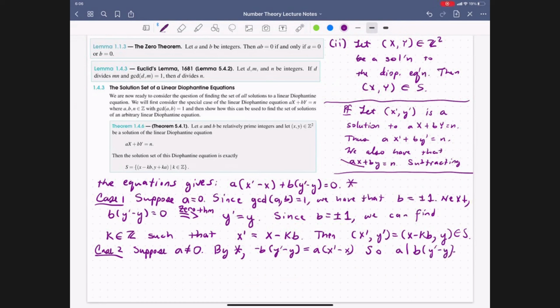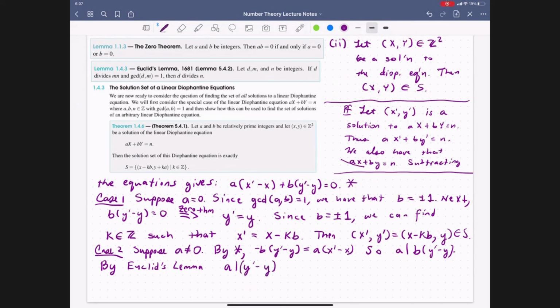And now we go to Euclid's lemma. Here we have, in this situation, d is taking the role of a, and m and n are taking the role of b. m is b, and n is y' - y. And so here we have that because a and b are relatively prime, Euclid's lemma implies that a divides y' - y.